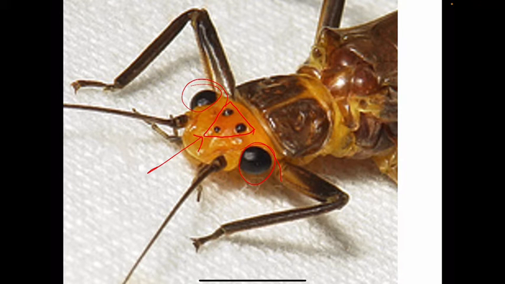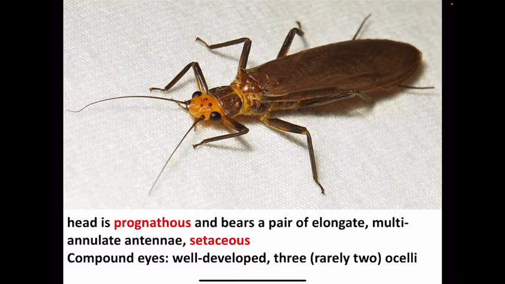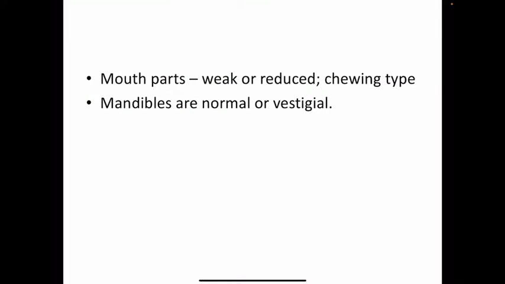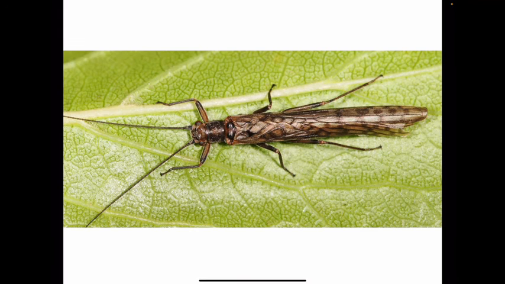Sometimes they have 2 ocelli also in some species. Coming to the mouth parts, the mouth parts are weak or reduced. Basically, it is chewing type mouth parts, and the mandibles are normal or vestigial.